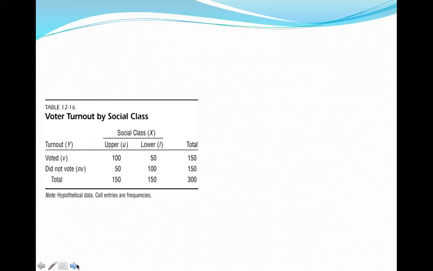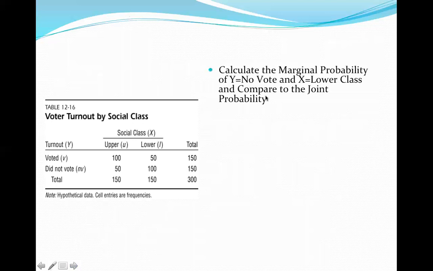Let's walk through one more example together. So another simple model where our independent variable is social class, just categorized as upper and lower class. And again, our dependent variable is turnout. So what we're going to do here is calculate the marginal probability of not voting and being in the lower class, and then compare that to the joint probability.